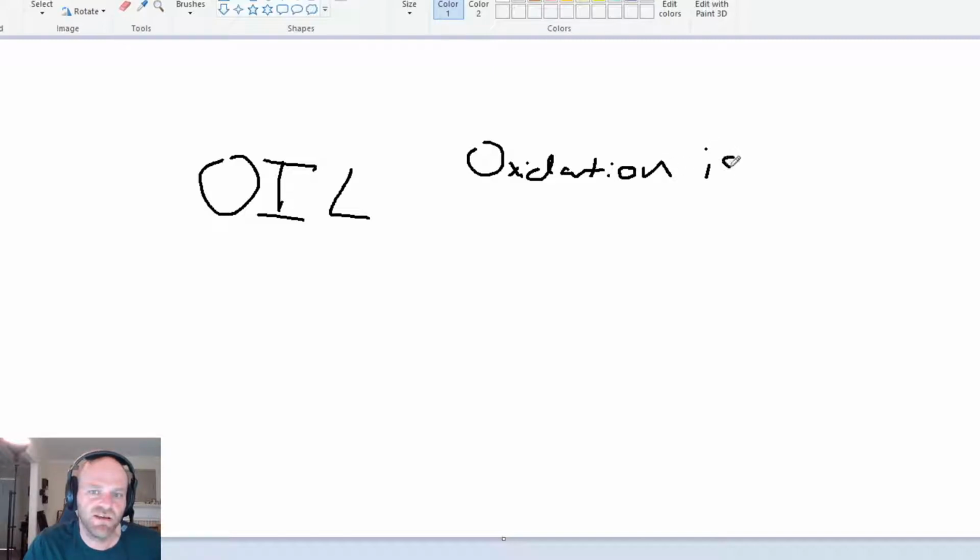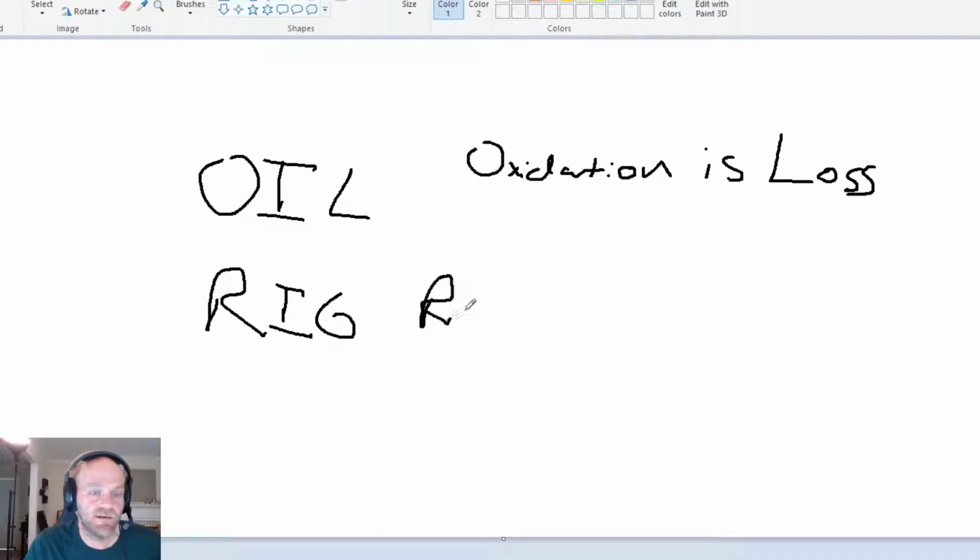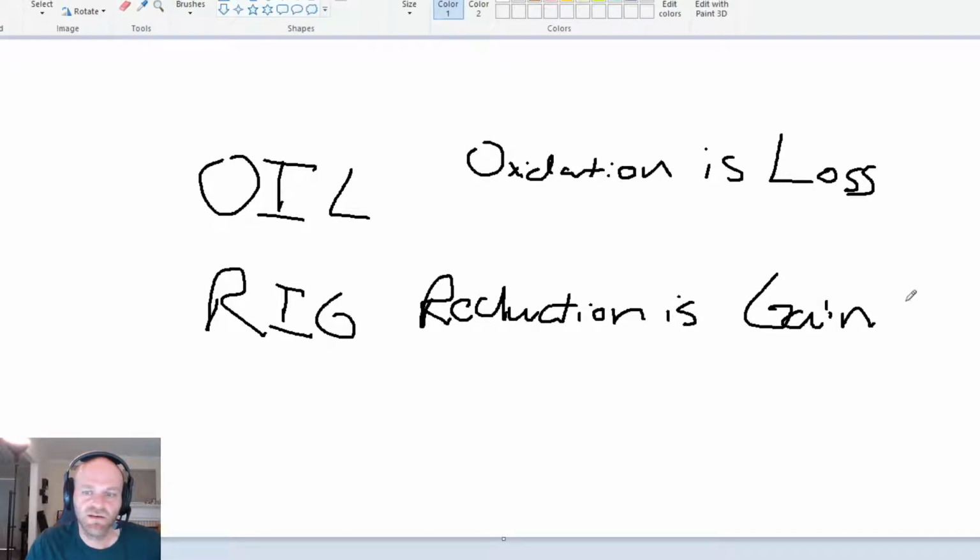Oxidation is loss of electrons. And then rig, reduction is gain of electrons. I'm going to put a little E minus, that means electron.